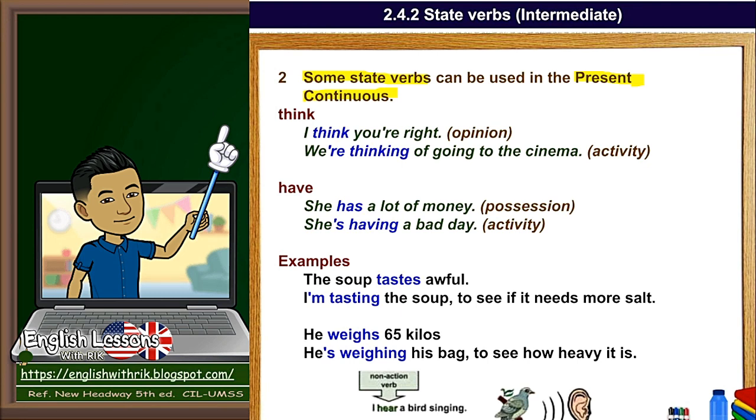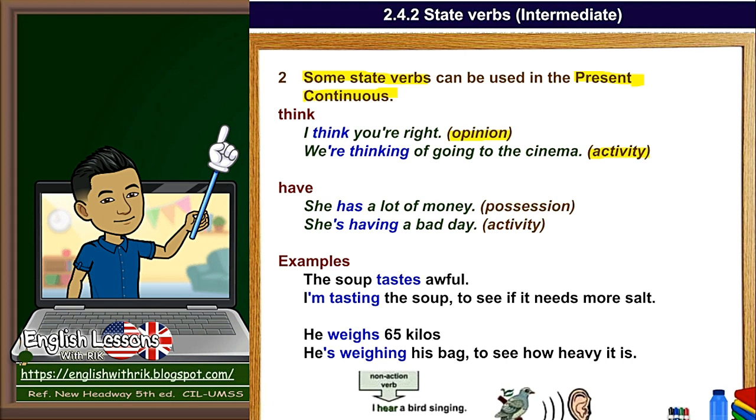For example, think. I think you're right expresses an opinion, which is a state, so we use the present simple. We're thinking of going to the cinema expresses a mental activity, so we use the present continuous.